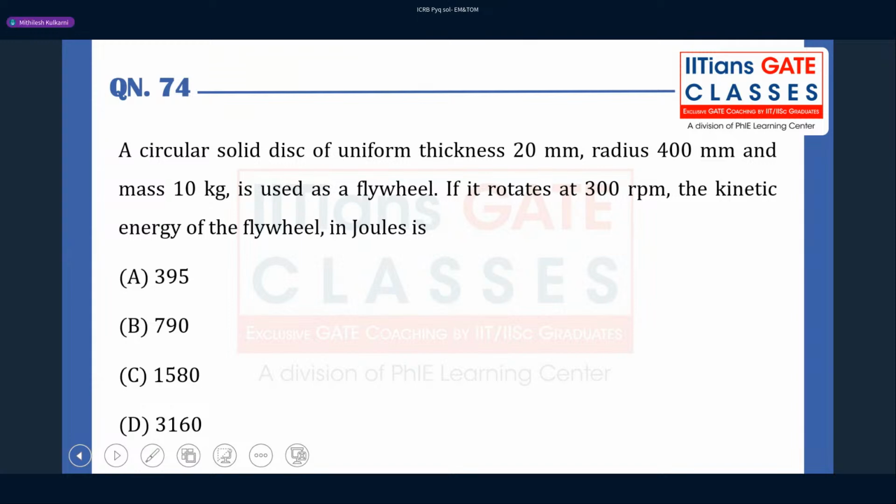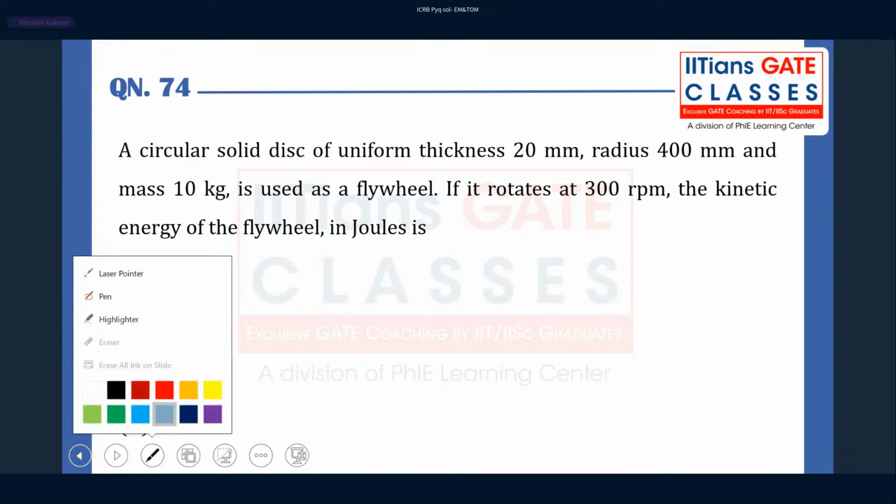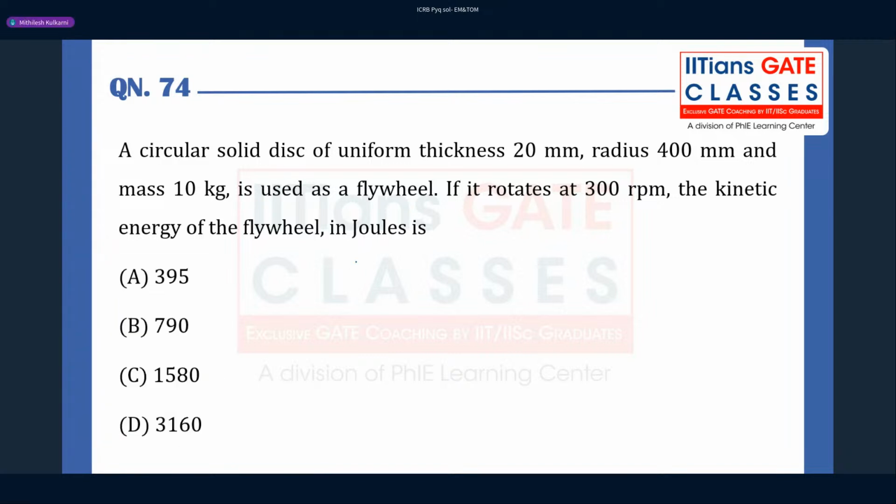We have a solid disk of uniform thickness given, which is 20 mm. Radius r is given as 400 mm, and the mass is also given, which is 10 kgs. Is used as a flywheel.